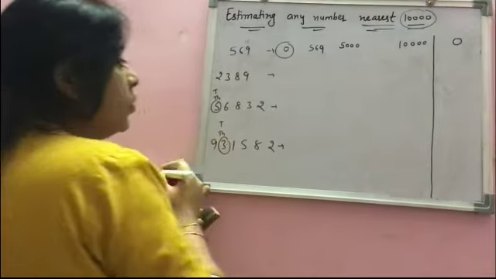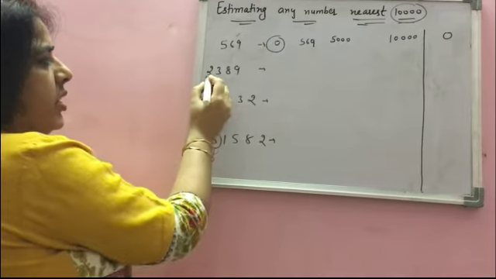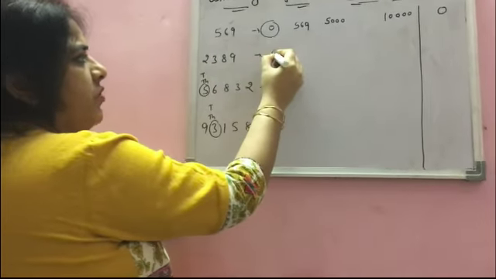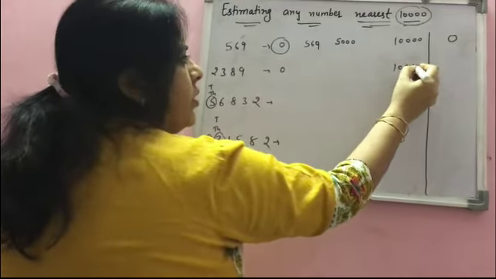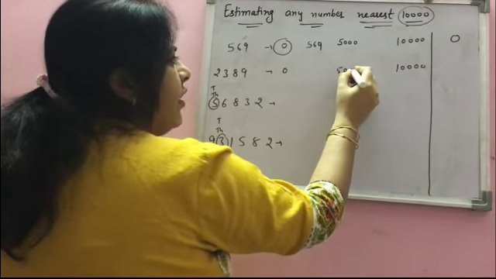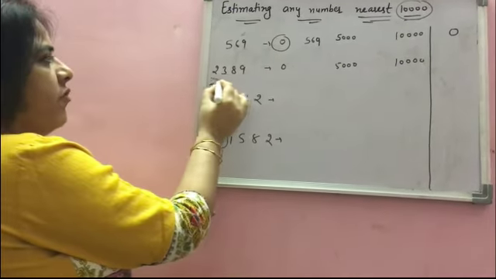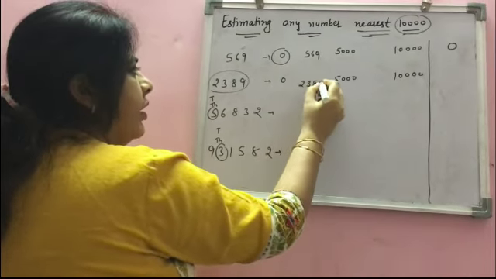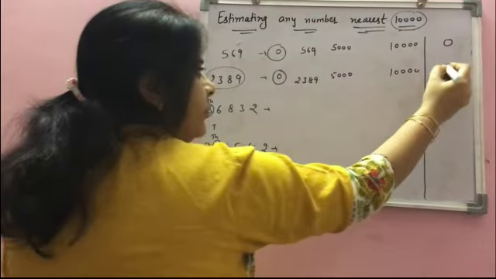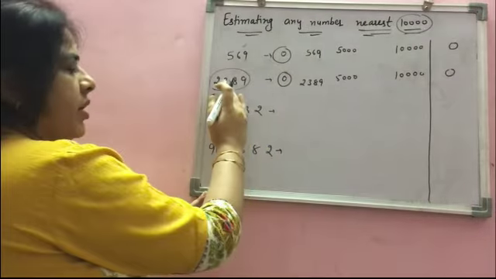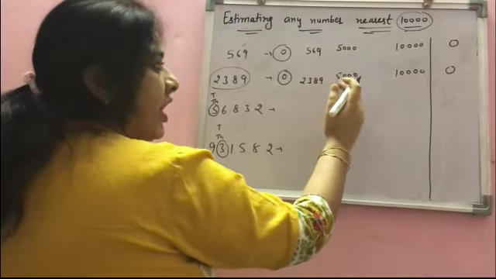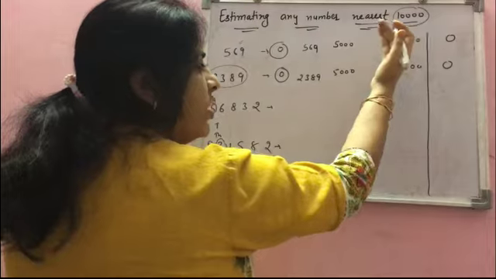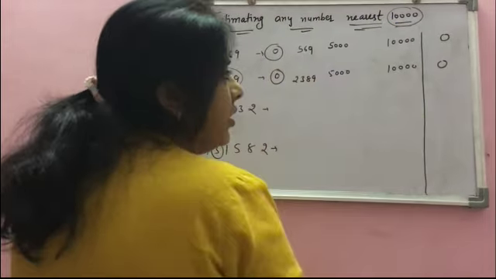Now it depends on any 4 digit number. Just suppose this lies between 0 and 10,000. So what is the halfway? 5,000. So if a 4 digit number is less than the halfway, it goes with 0. But if a 4 digit number is 5,000 or more than 5,000, it will go with 10,000.